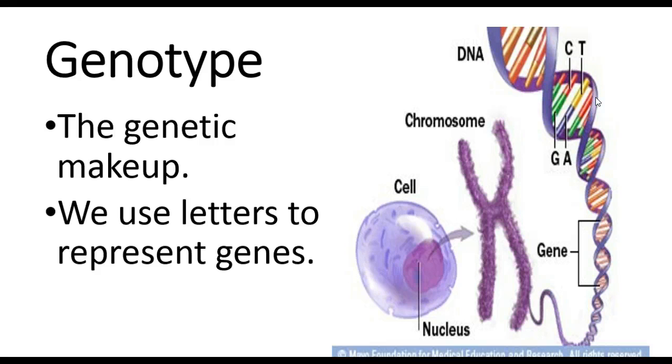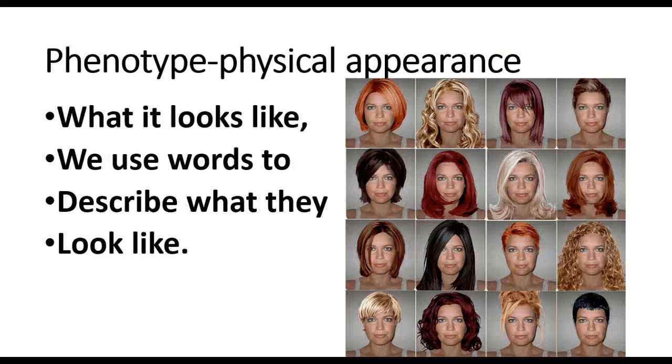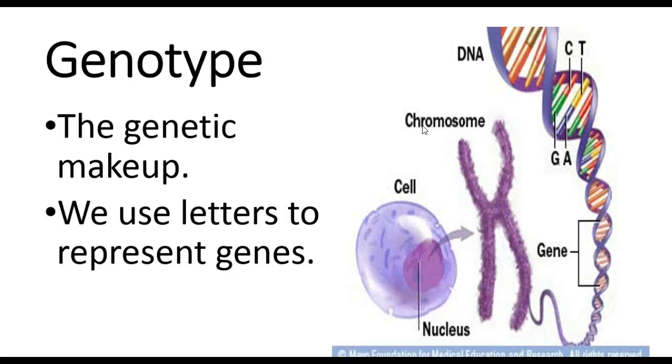I don't know what's on the inside of your blood. However, I can see what your phenotype is, and I can pretty much estimate what your genotype is. Your genotype is your genetic makeup.